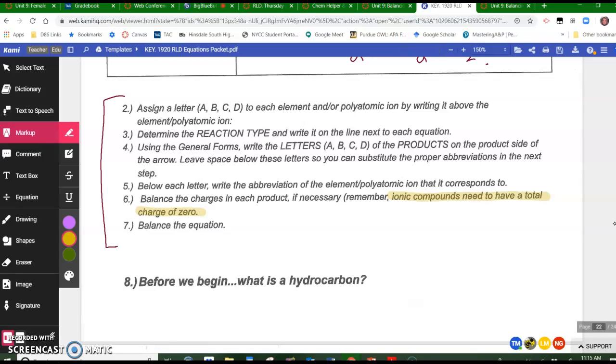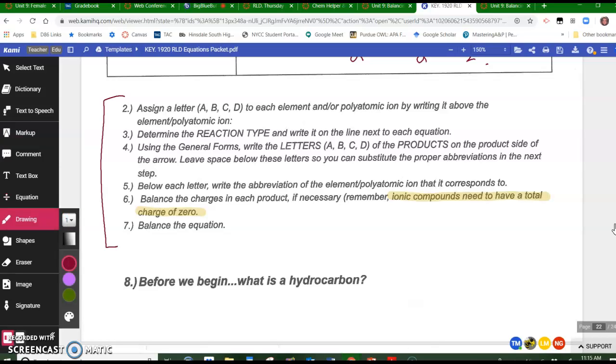Before we begin, what is a hydrocarbon? Can somebody please unmute and tell me what a hydrocarbon is? Or what's in a hydrocarbon? Yep, it is a compound that consists of only hydrogen and carbon.